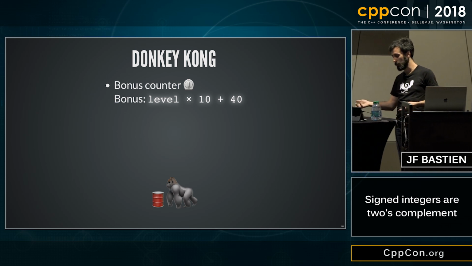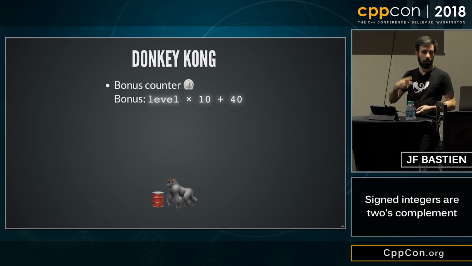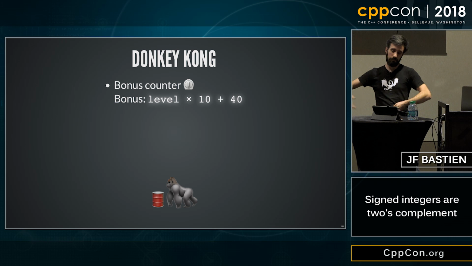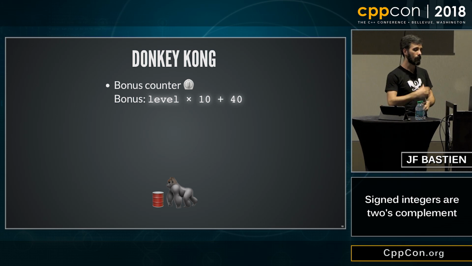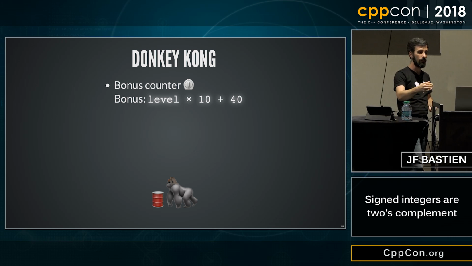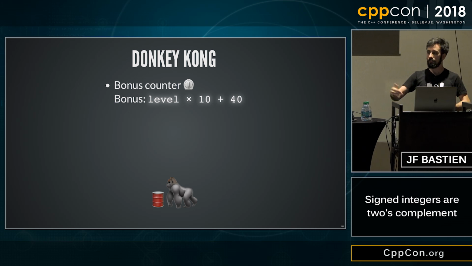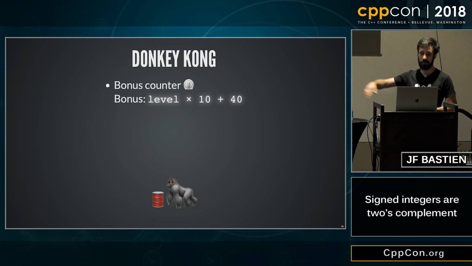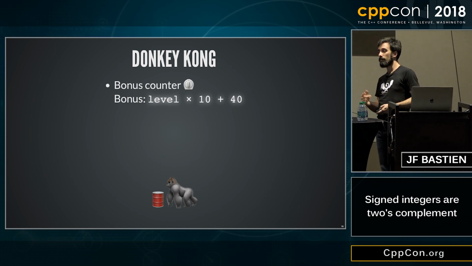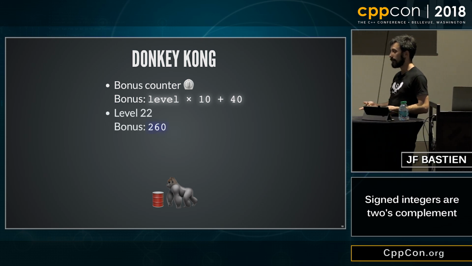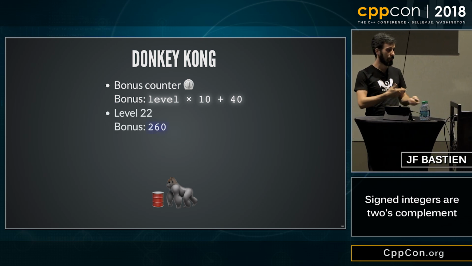The way they calculate the bonus counter is they take the level, multiply by 10, add 40, that's the bonus counter, right? And at some point, they just clamp the bonus that you get. So at some level, at level 6 or 7 or whatever, it clamps at some big number. And that's the bonus you get for the rest of the game. Now, the problem is when you get to level 22, if you do the math here, you get 260 base modifier.